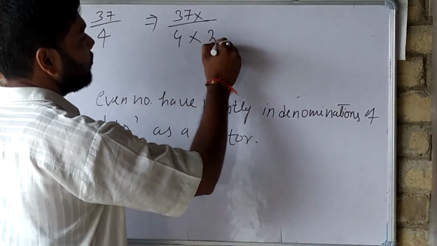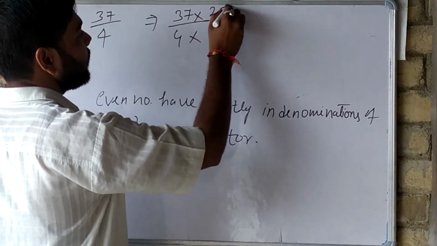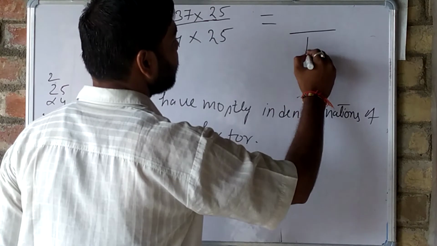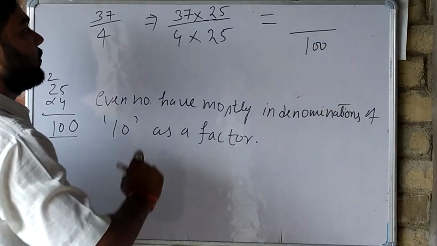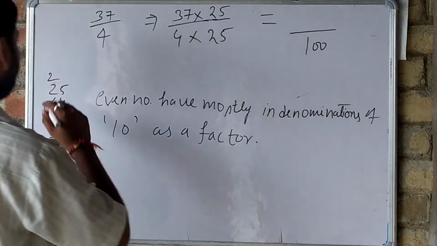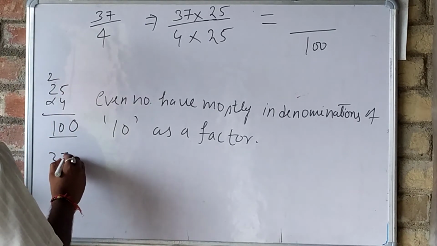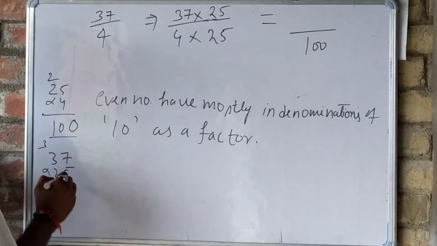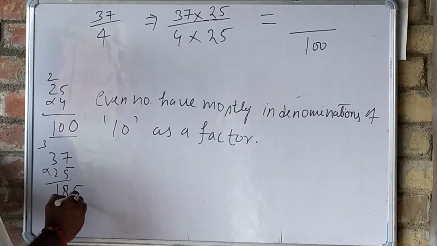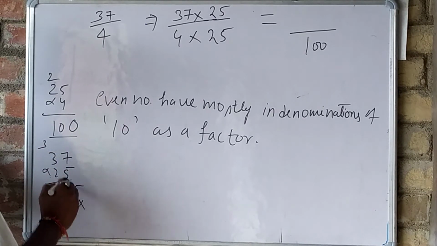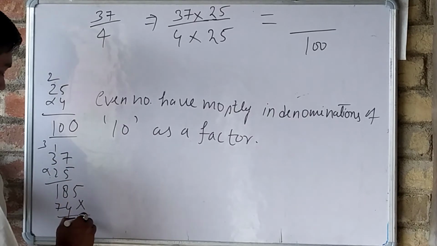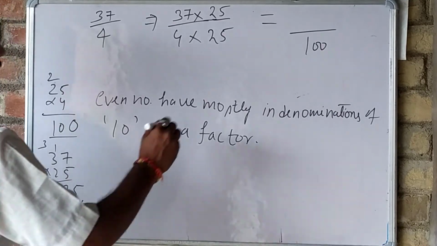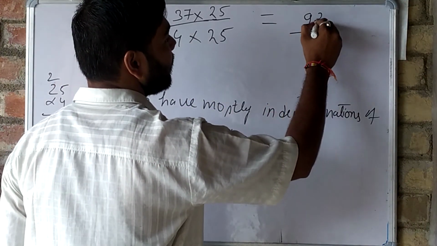Here we will have 100, and 37 into 25 we have to do. 5 7s are 35, 5 3s are 15 plus 3, 18, 2 7s are 14, 1 carry, 2 3s are 6, 1 7, 5 8 are 925.